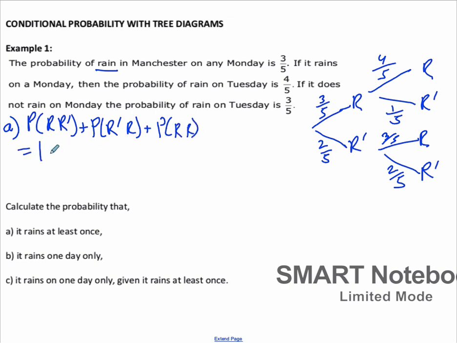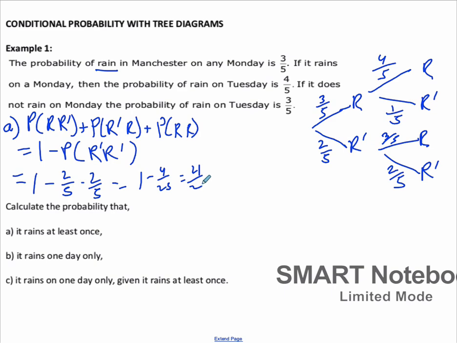But that is the same as 1 minus the probability it doesn't rain both days, because we only need to calculate one probability here. That's 2/5 times 2/5, which equals 1 minus 4 out of 25, which is 21 out of 25, which is 84 out of 100, or 84% chance. Okay, so that's part A.